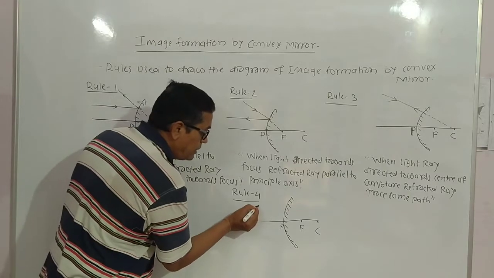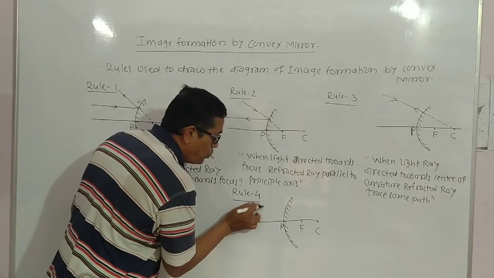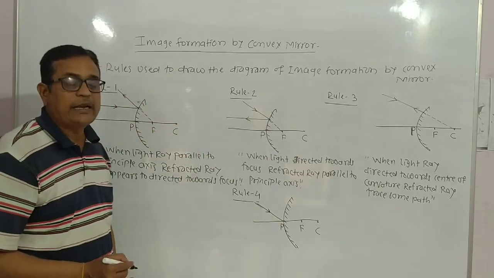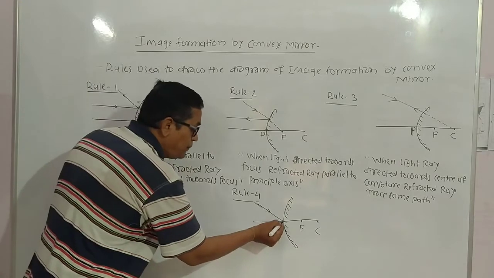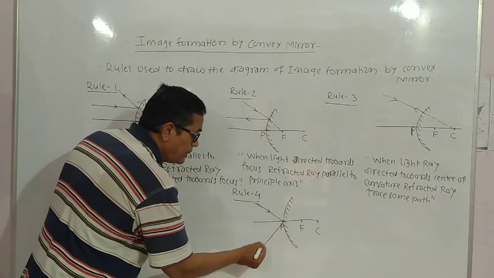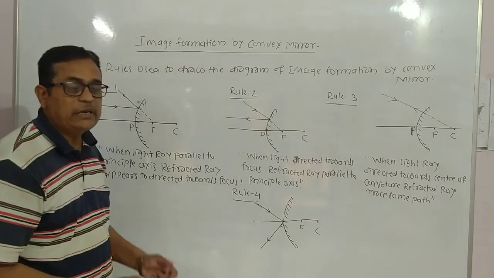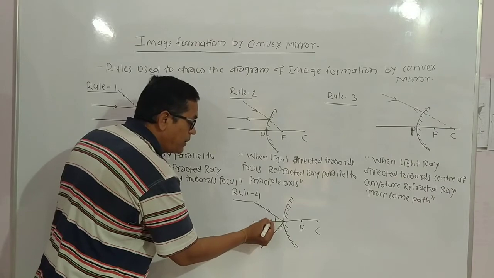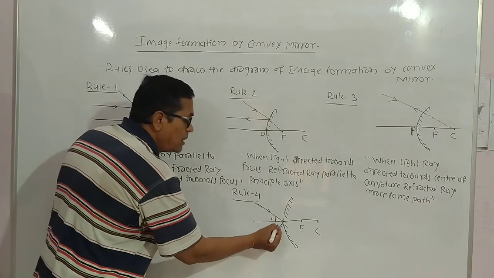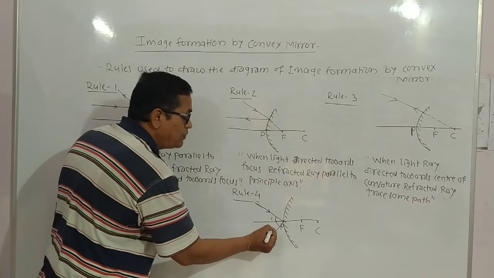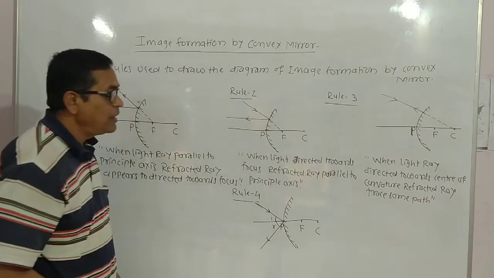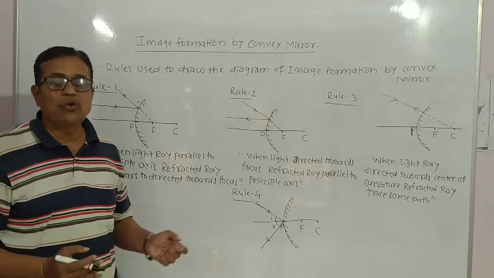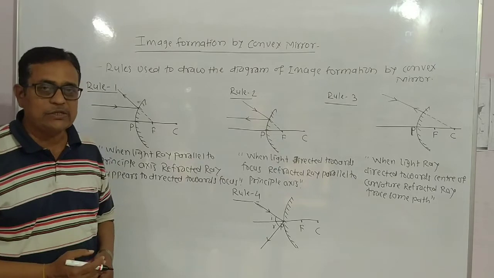If a light ray is directed towards the pole, in this way, the incident ray directed towards the pole, the reflected ray returns back towards the source. The incident ray makes an angle with the pole, that is the angle of incidence, and the reflected ray also makes an angle, the angle of reflection. Both rays obey the laws of reflection.